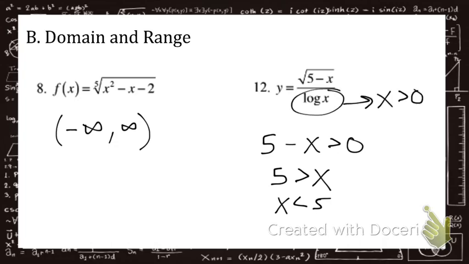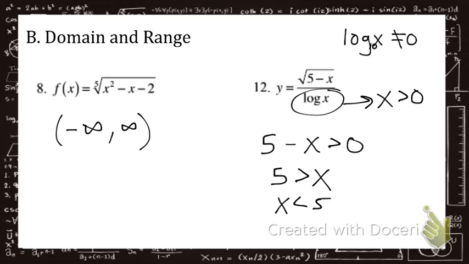And last but not least, because this is a fraction, a rational expression, the denominator is not allowed to equal 0. So log of x cannot equal 0. If you want to figure out what x value would make it equal 0, remember that log is base 10.